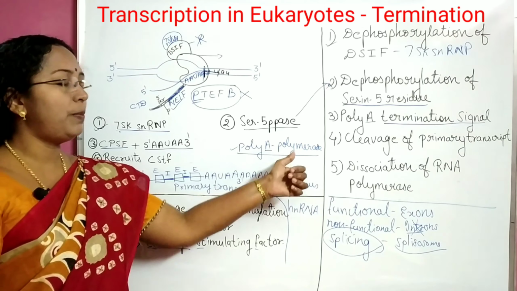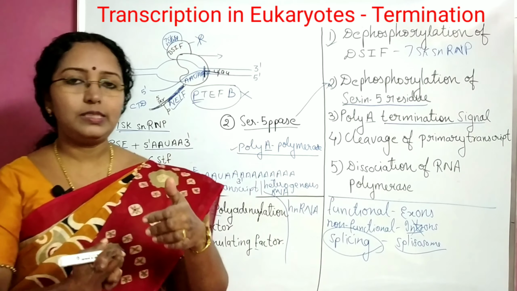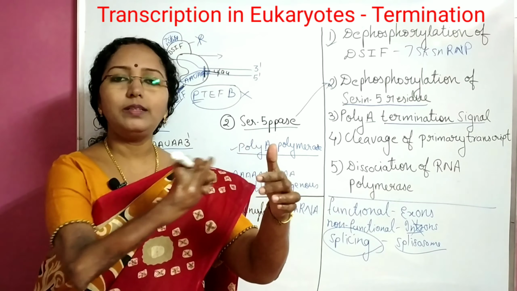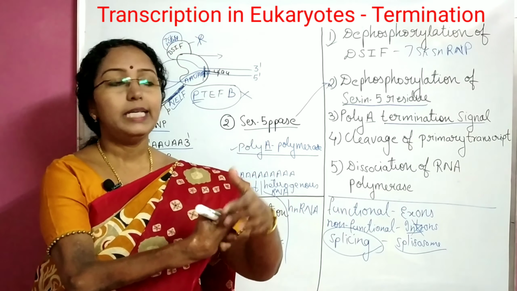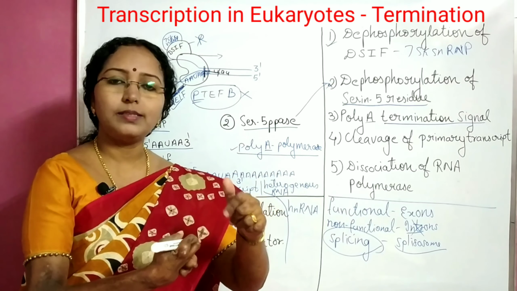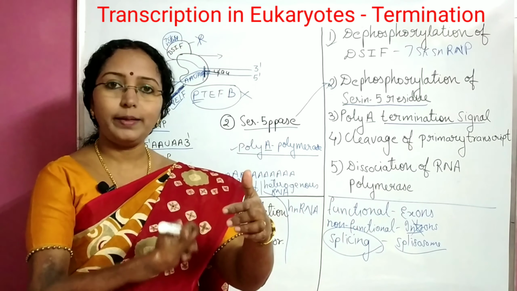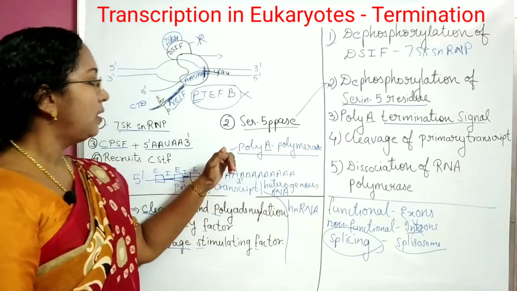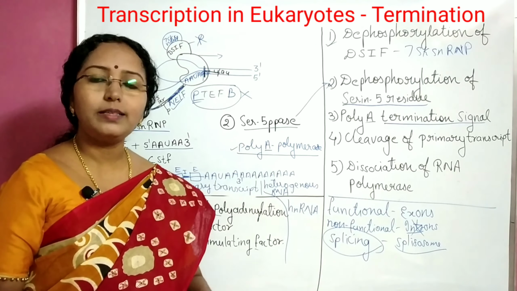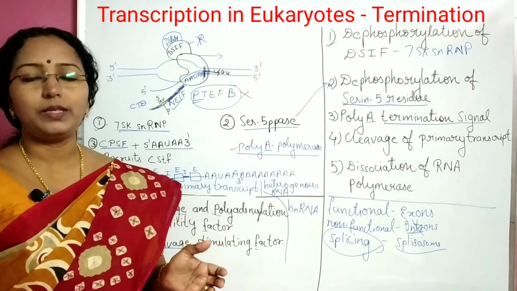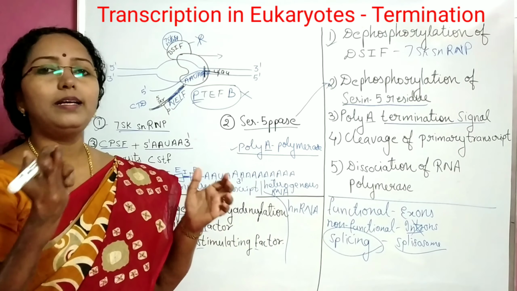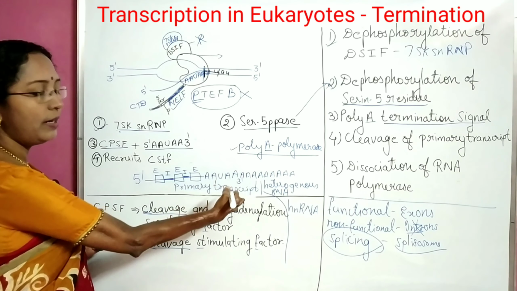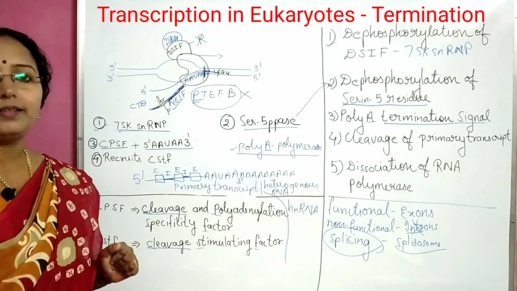Usually polymerases, like DNA polymerase or RNA polymerase, require a template to add up the nitrogenous bases. But A Polymerase doesn't need any template. Immediately after cleavage, it keeps on adding adenine residues.